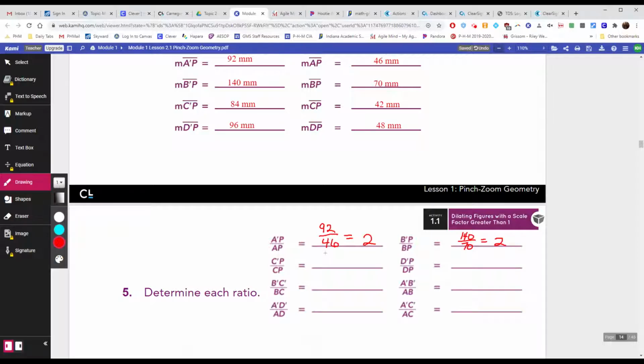C prime P is 84, CP is 42, which is also equivalent to 2. D prime P was 96, and just DP was 48. Well, look at that. It's also equivalent to 2.